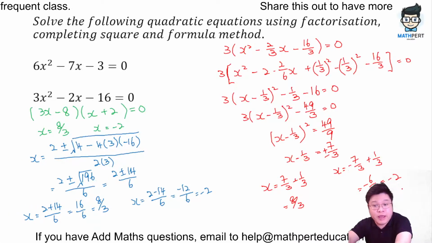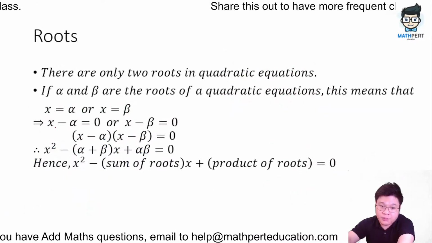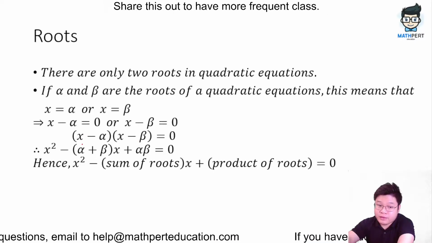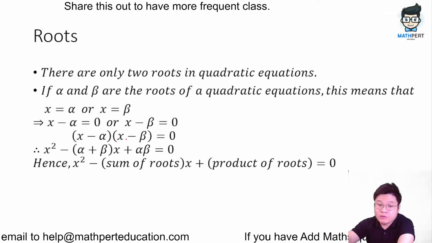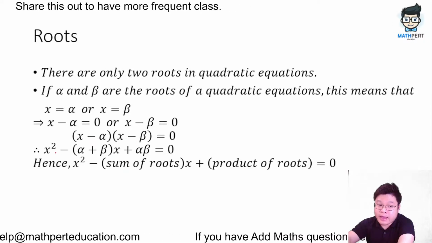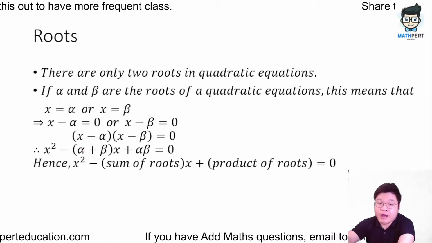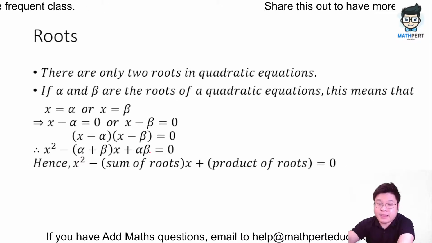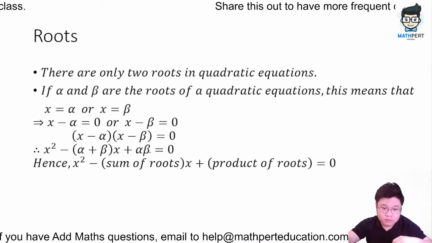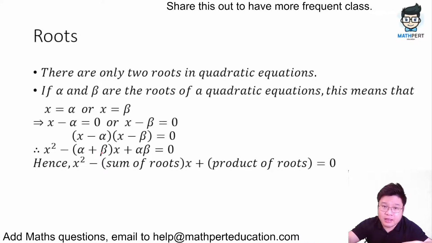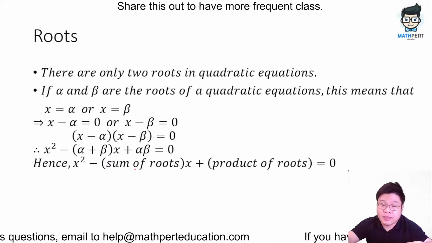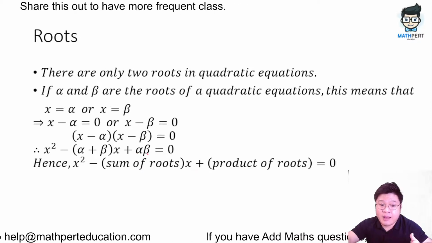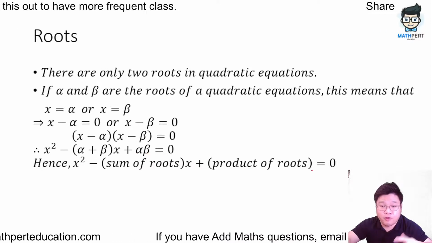So we multiply them, and this is what we get. When you expand the two brackets, we get x squared minus (alpha plus beta)x plus alpha beta equals 0. Alpha plus beta, that's why we call it the sum of roots. Sum means plus. Alpha beta, alpha multiplied by beta, is the product of roots.